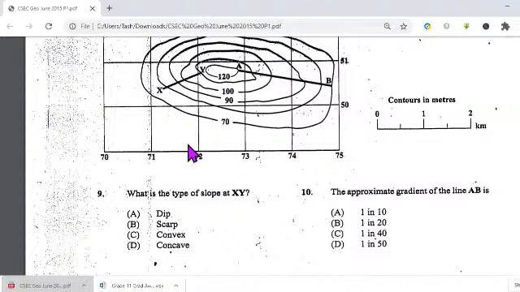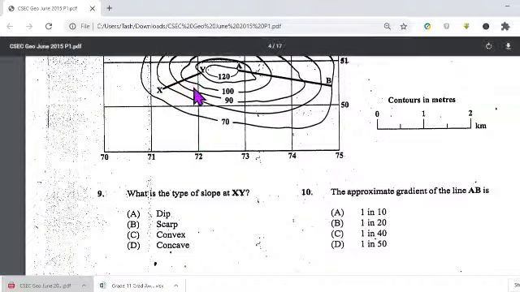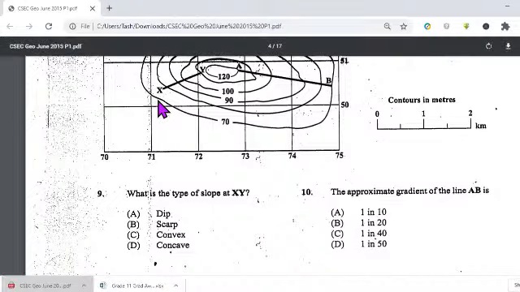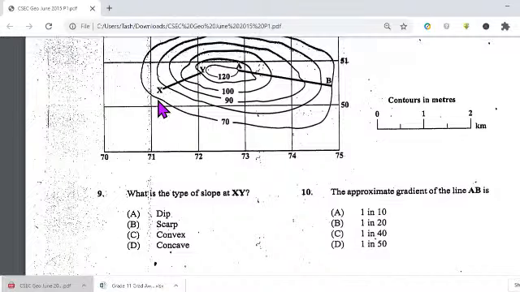So the convex slope is basically the slope that is going to give you a curved terrain. It is easy to climb, not as easy as a piece of flat land, but it goes up high very quickly, just the same. So that would have been your convex slope.